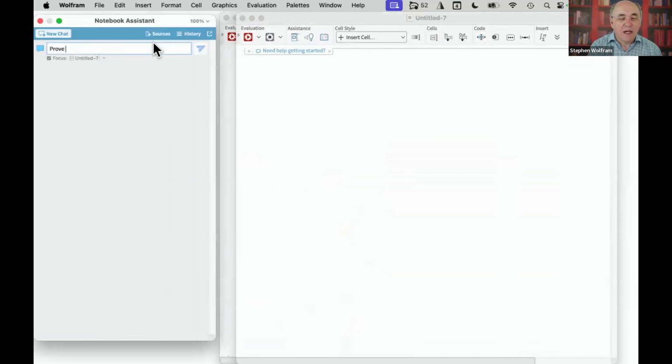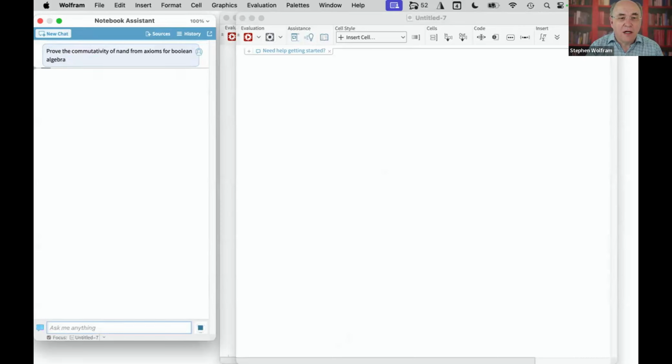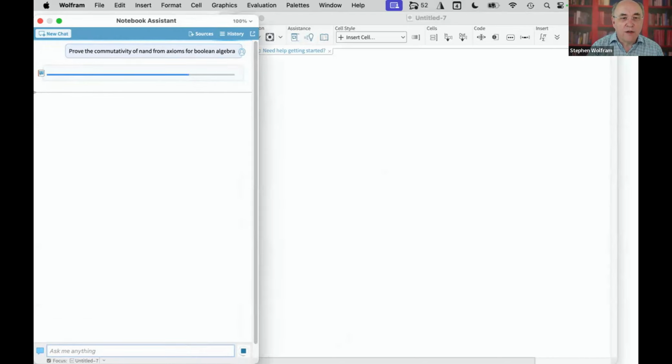So let's say something like, prove the commutativity of NAND from axioms for Boolean algebra. I don't know what it's going to do, but this is an interesting way of seeing the relationship between what you can do with modern LLMs. Let's see what it does. I have no idea what it's going to do. There's one feature. Okay.